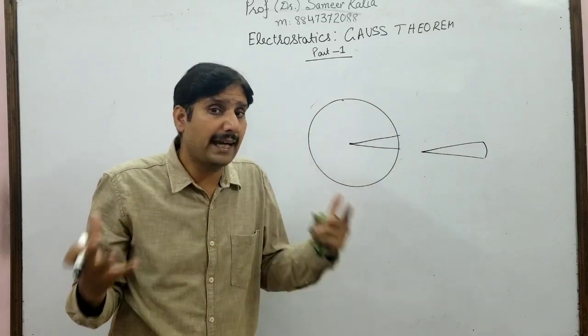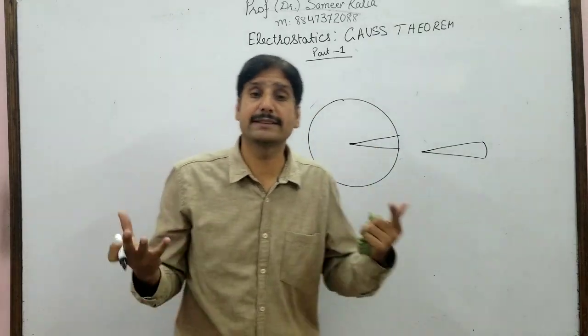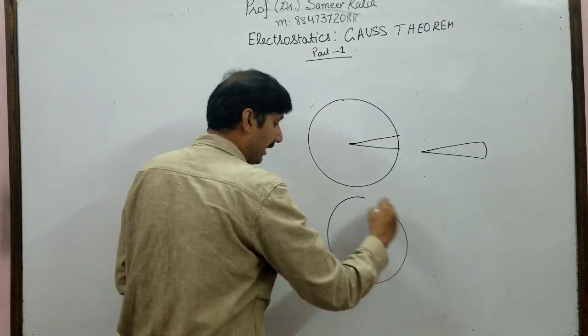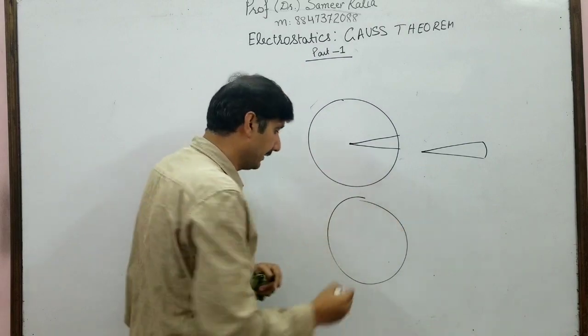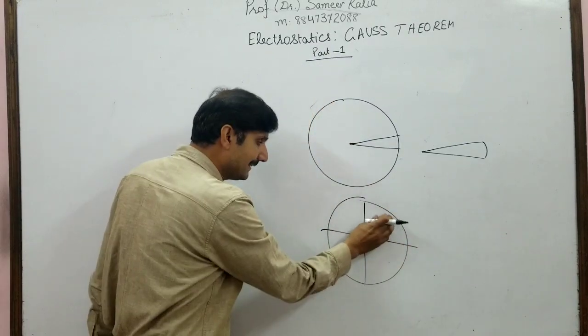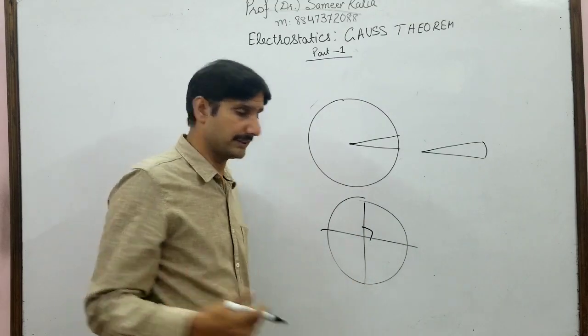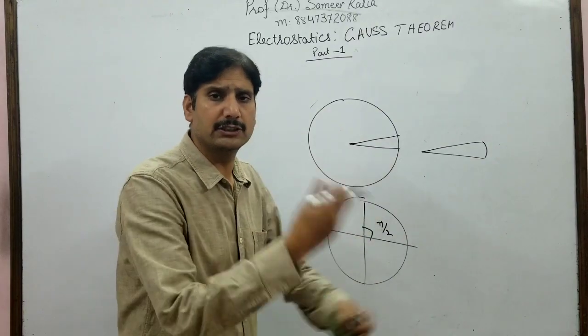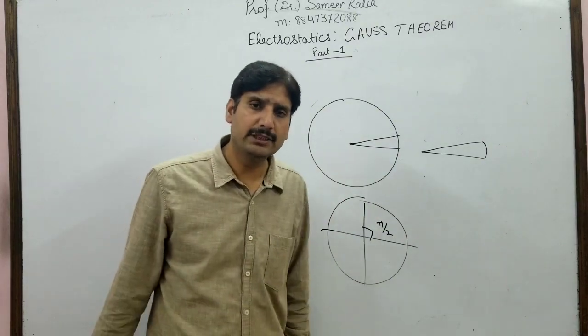How big that part is, that is what you call an angle. For example, if I have a pizza and I divide it among 4 people, then one section is 1/4 of the circle and you say it subtends an angle of pi by 2 because the total angle has been assumed to be 2 pi.